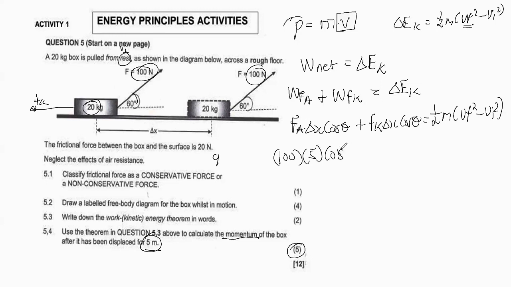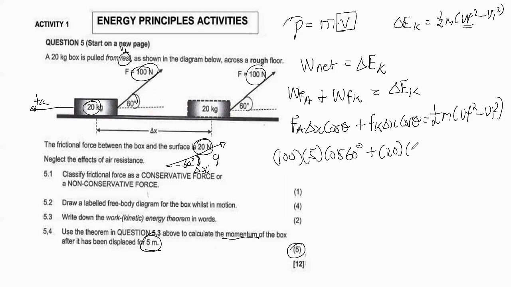Now, if we have to consider the angle between the displacement and the force, we can see that this is our displacement moving along like that, but then our force is being acted at an angle like this, meaning the angle between the displacement and the force in question now is that 60 degrees. So here we have to substitute 60 degrees. And then this is Fk, our kinetic frictional force we've been told is 20 newtons.